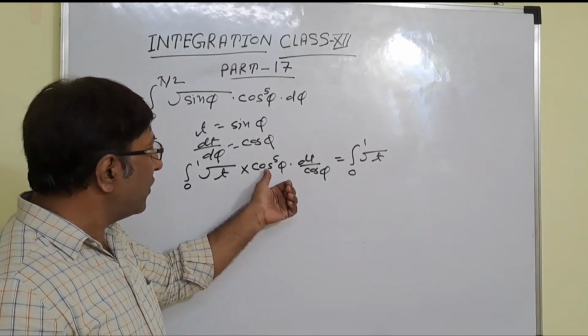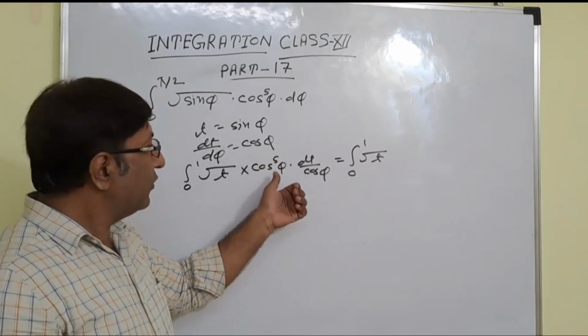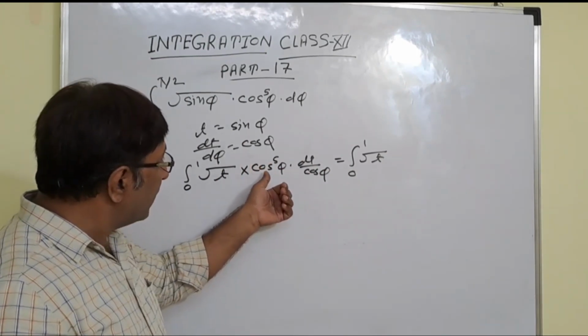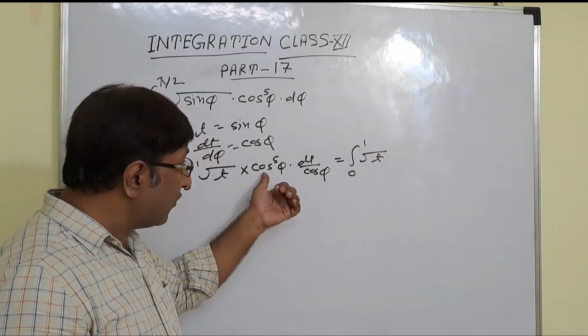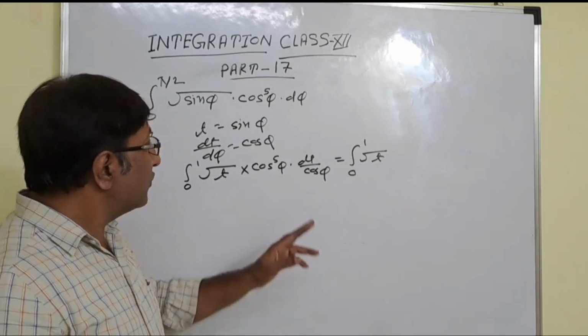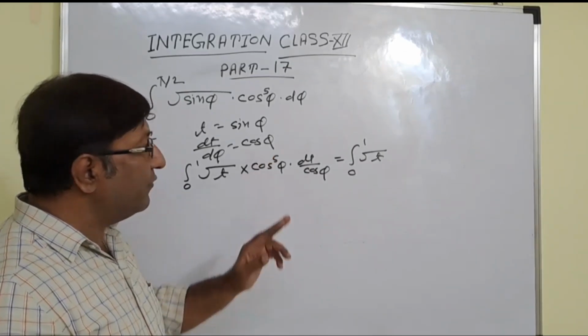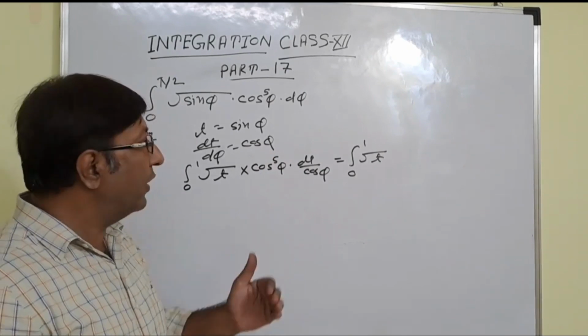We get cos to the power 4 phi. And you know cos square theta is 1 minus sine square theta. So here cos to the power 4 phi we can write as 1 minus sine square phi to the whole square.